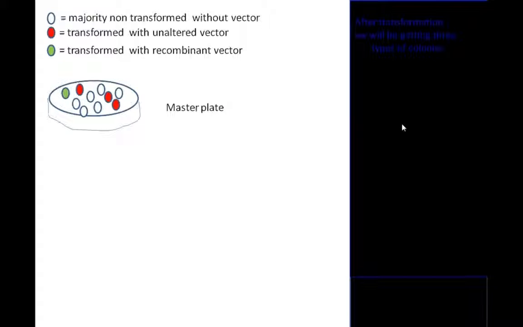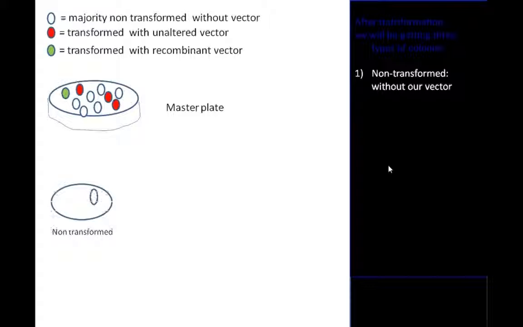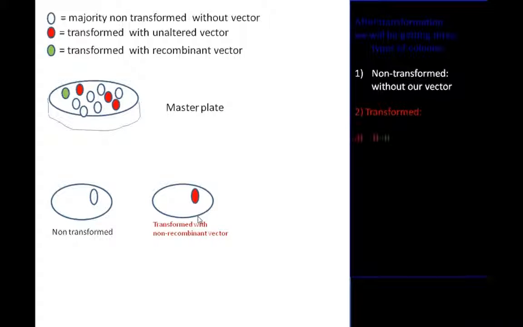Now, after transformation, we will get 3 types of colonies. First, non-transformed, without our vector; the majority of the colonies will be non-transformed. Then transformed with non-recombinant vector, where our gene of interest may not be integrated into the vector.